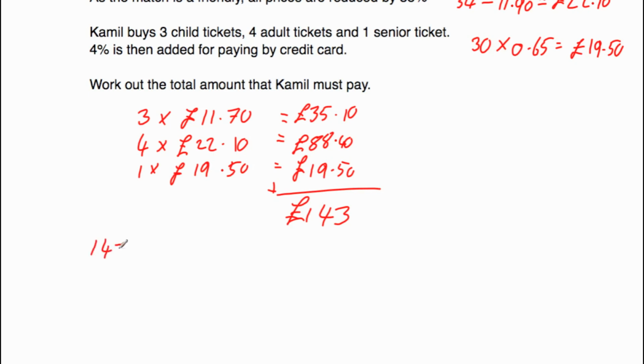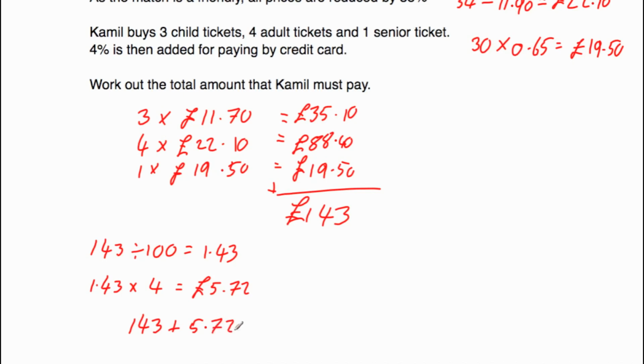I'm actually going to use both approaches just to show you they work. So £143 divided by 100 is equal to £1.43. And then if I take my £1.43 and multiply that by 4, that would give us the extra fee for paying by credit card. So 1.43 multiplied by 4 is equal to £5.72. So Camille's got to pay an extra £5.72 for paying by credit card. So £143 plus £5.72 is equal to £148.72.